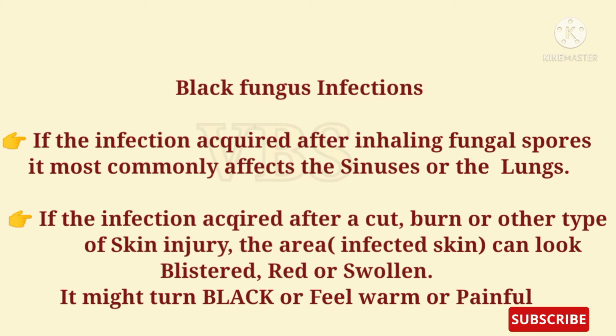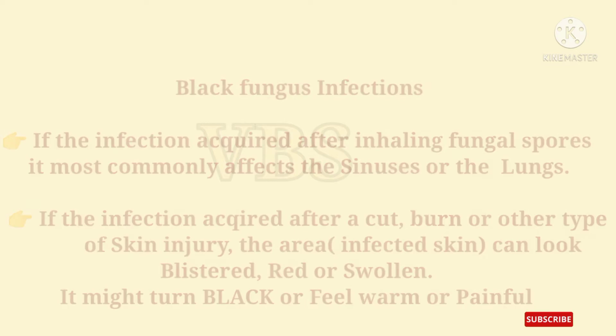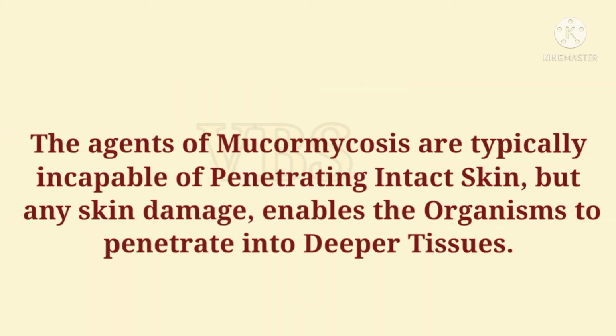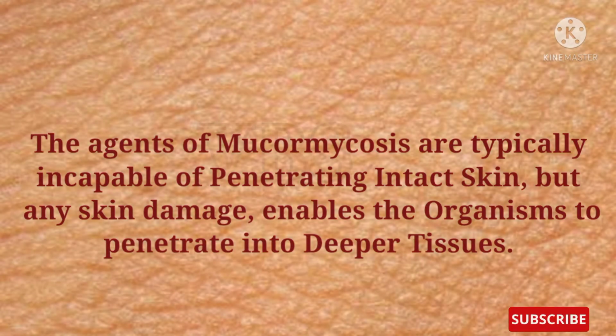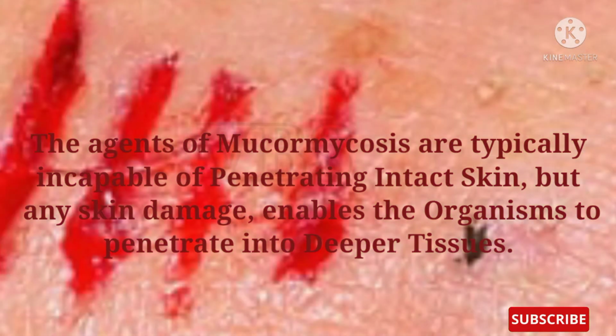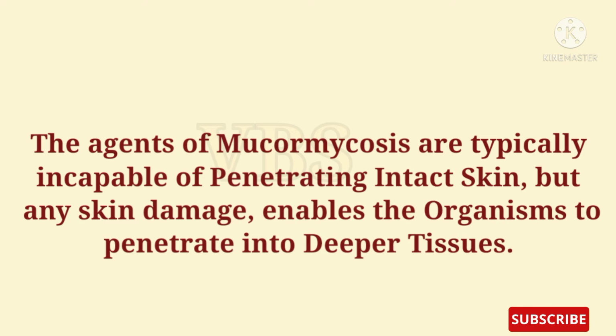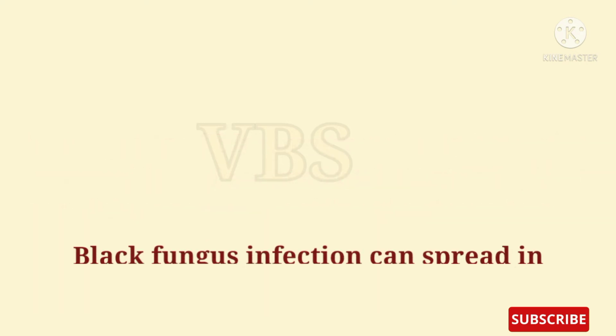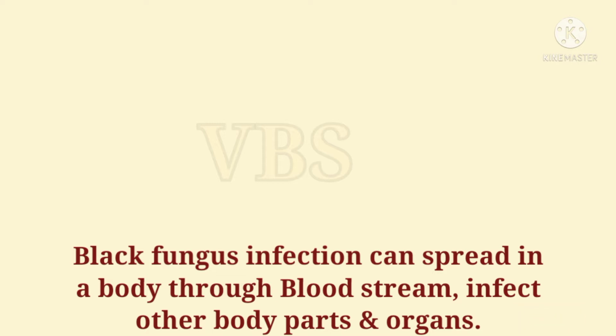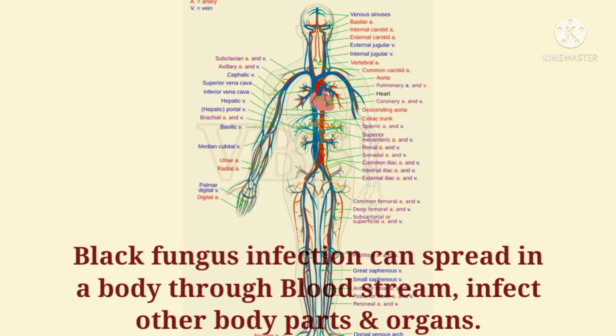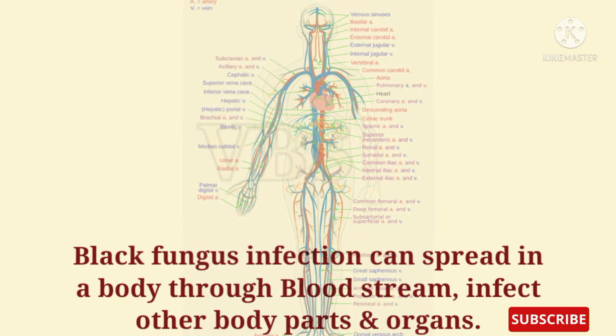We must note one important point here: the agents of mucormycosis are typically incapable of penetrating intact skin, but any skin damage enables the organism to penetrate into deeper tissues. Black fungus infection can spread in the body through the bloodstream and infect other body parts and organs.